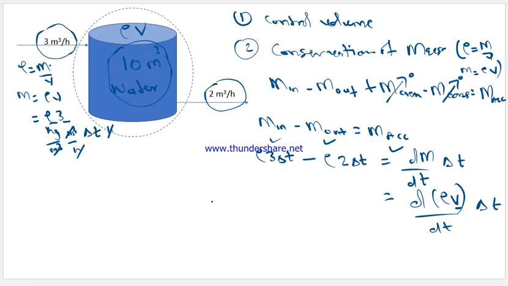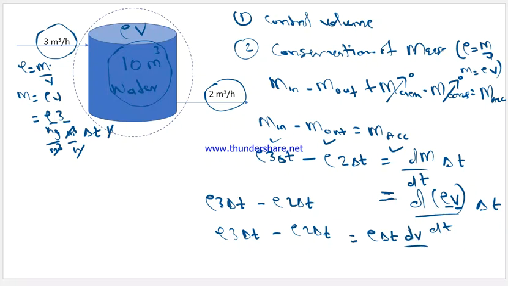So it means rho 3 delta t minus rho 2 delta t equals this. Our density remains constant, and we can now say rho 3 delta t minus rho 2 delta t is equal to rho delta t dV/dt. Only our volume is changing.